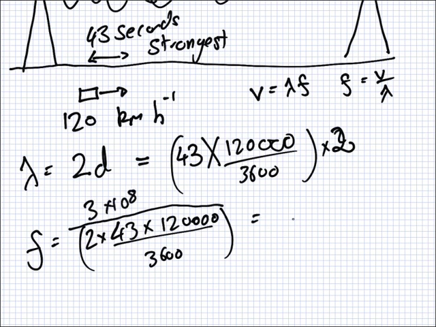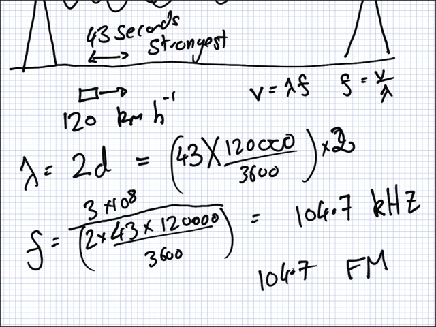And you said this is 104.65. So to 1 decimal point, 104.7 kilohertz. So that means he is listening to 104.7 FM, the radio station he's listening to.